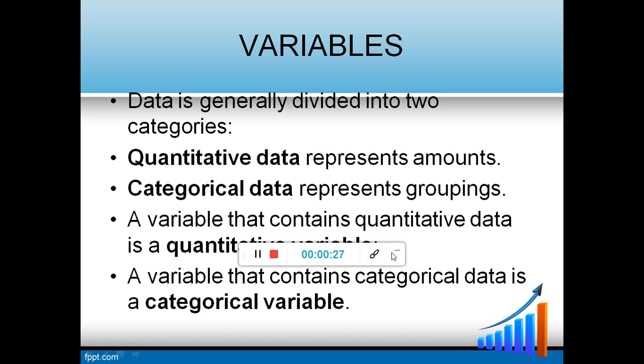Now, before concentrating on the main topic, parametric and non-parametric, let me acquaint my students or the audience with a few of the important terms like variables, which are of various types. First there are two classifications: one is variable and another is constant.